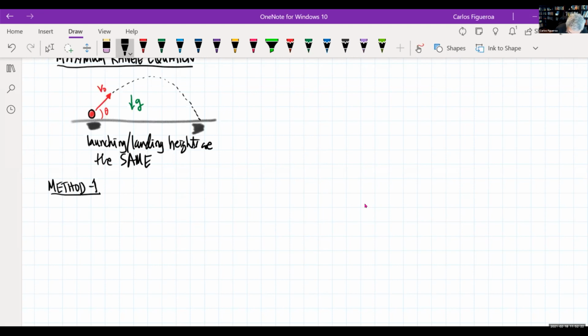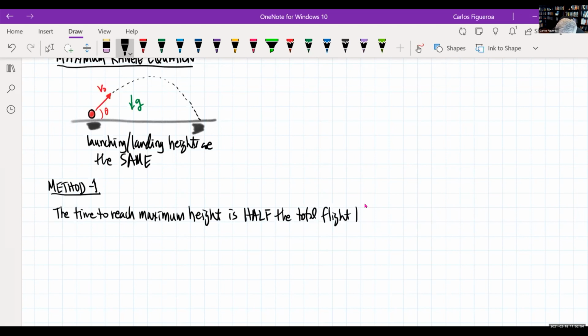In other words, the time to reach maximum height is half the total flight time. Now, does that make sense?